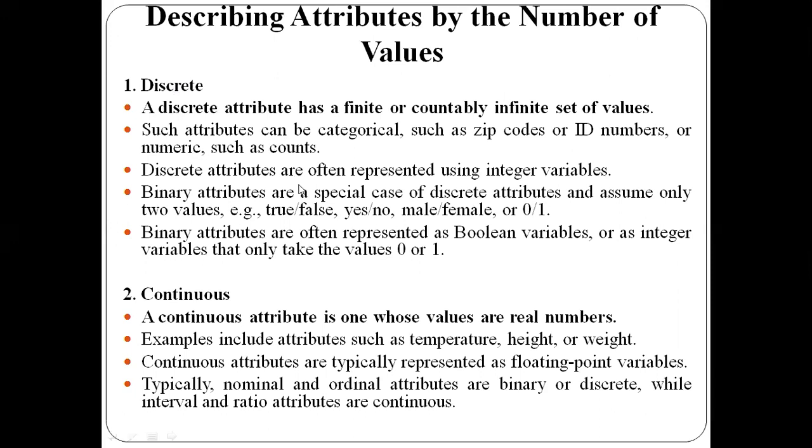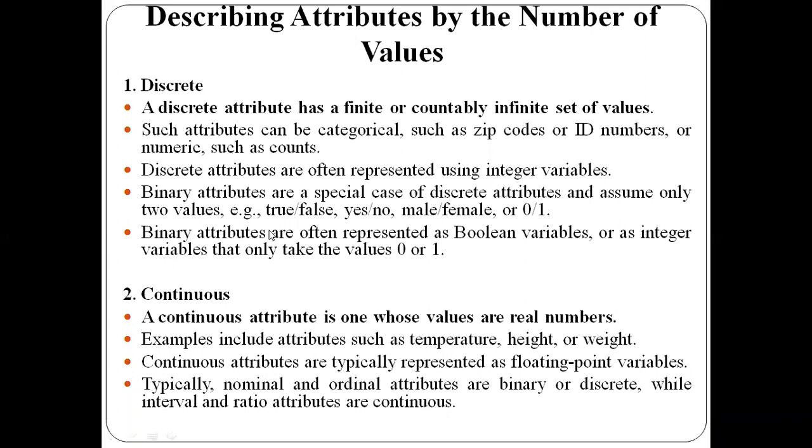Some of the discrete attributes can even be represented in the form of integer variables. For example, if you consider binary attributes, binary attributes will have only two integer values, either 0 or 1, or if you consider strings, either true or false. Or in terms of yes or no, that is also a kind of binary attribute, male or female. All these are binary attributes, examples of discrete attributes only.